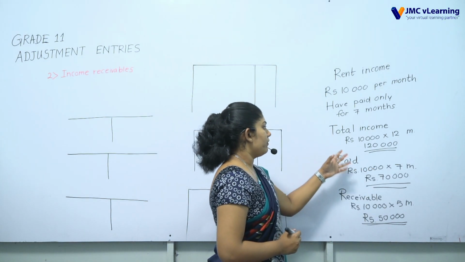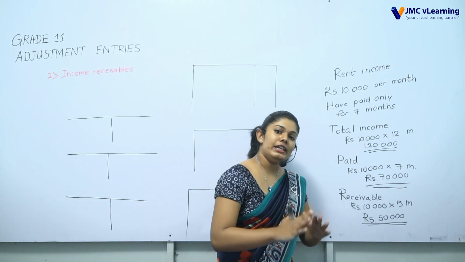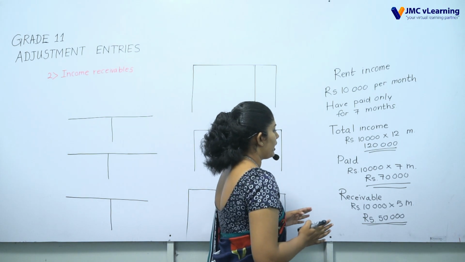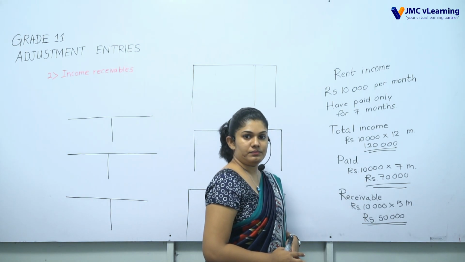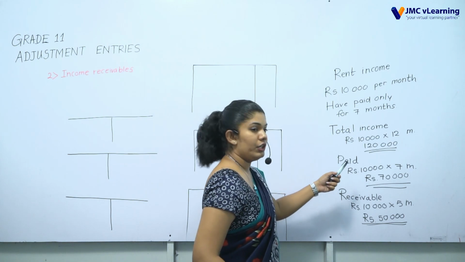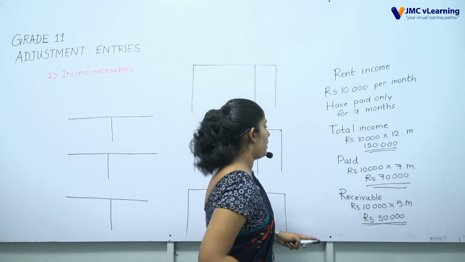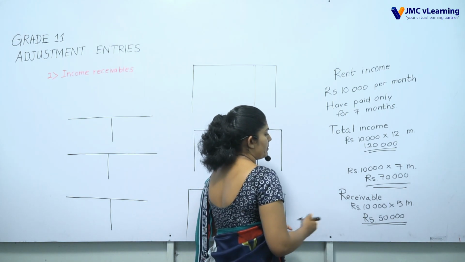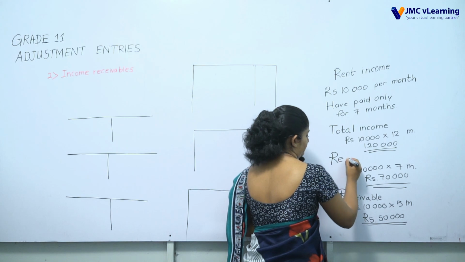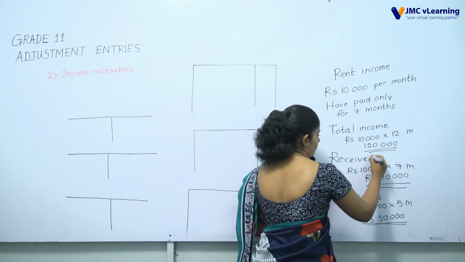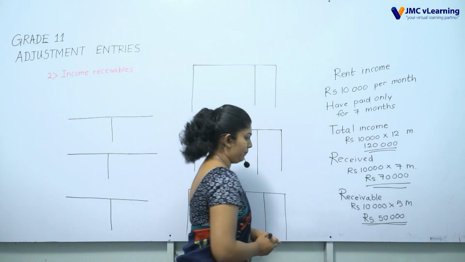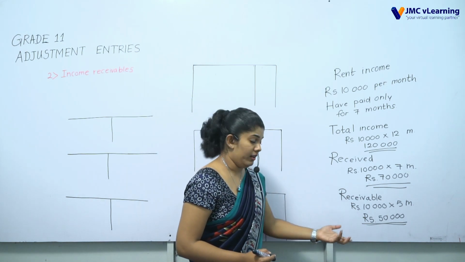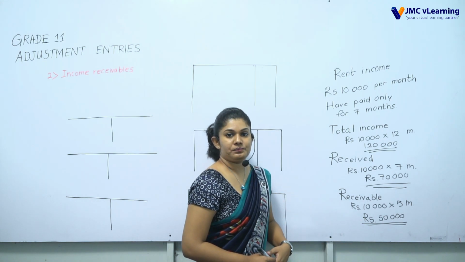We have to receive 120,000 in total for this year, but we have only received 70,000. I'll change this to received, otherwise you will mix up. Paid means the people who are using our premises. That means we received 70,000, and we have to receive, receivable, 50,000.